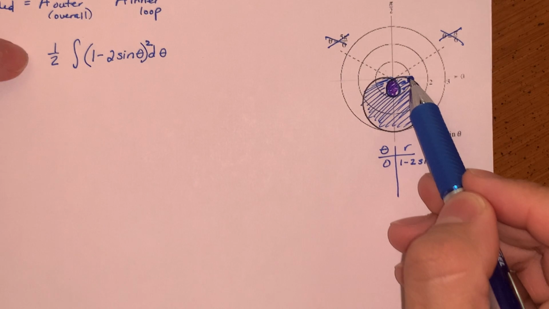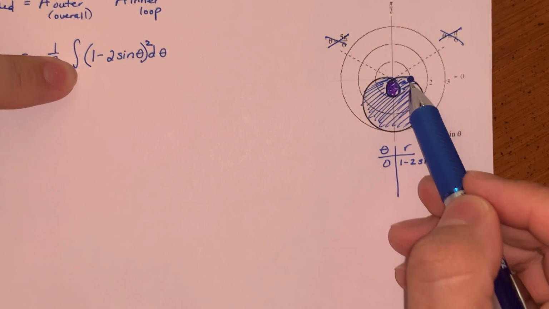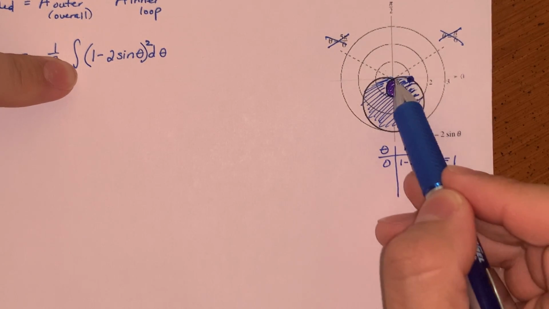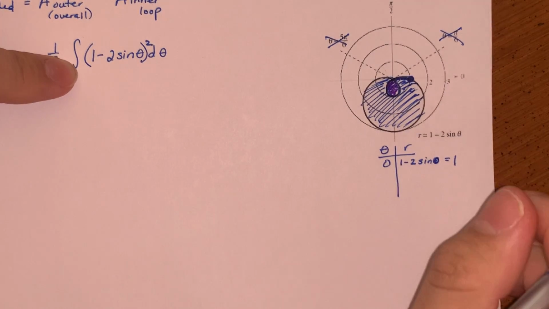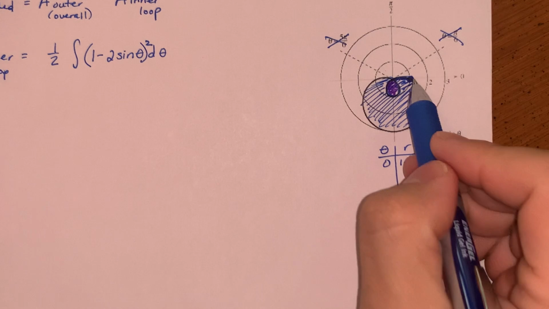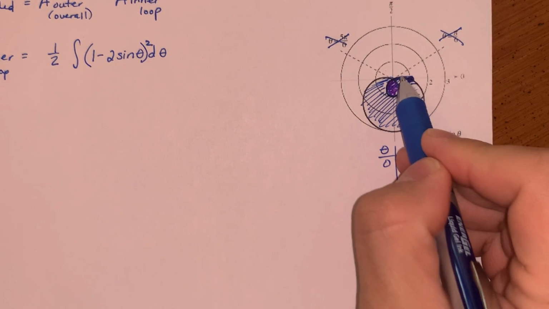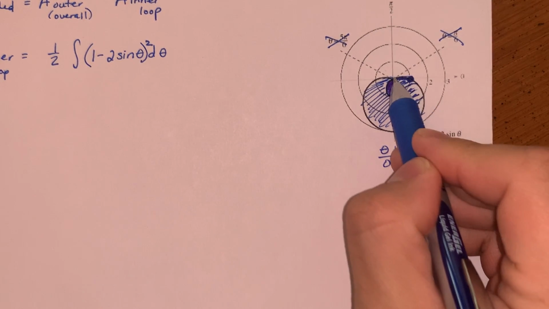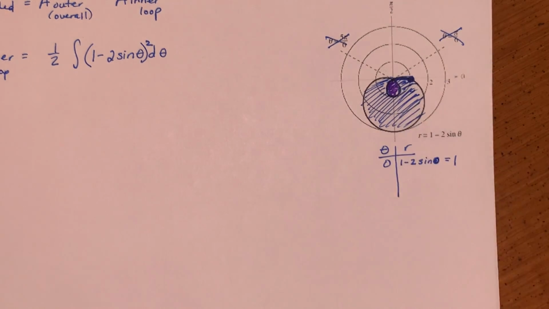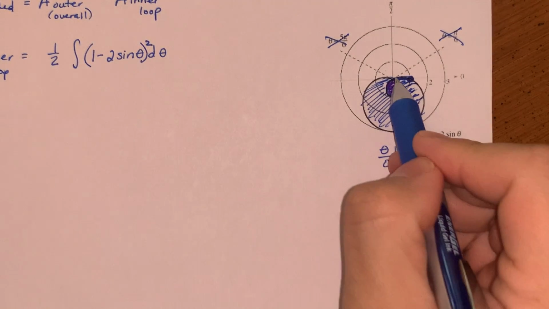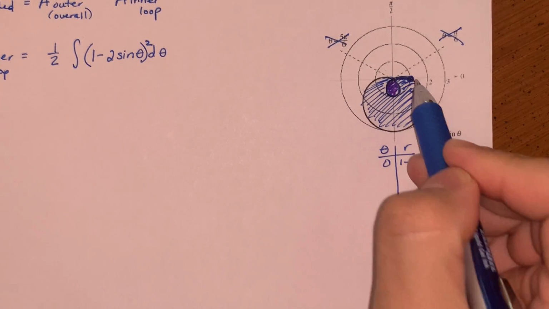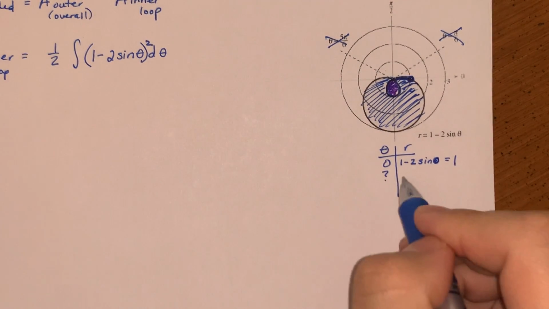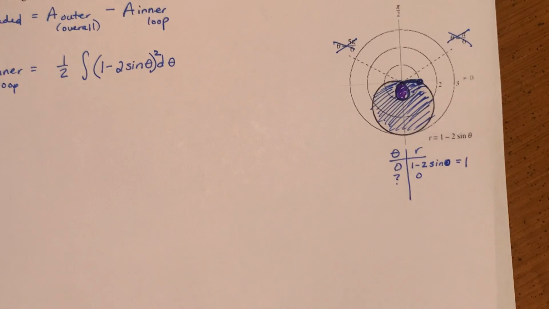If you put 0 as your lower bound, you're going to be including this extra little area that is not part of our inner loop. So we have to keep thinking about which theta will get us to the beginning of that inner loop. And the beginning of that inner loop does have a radius of 0. So what angle value will give us a radius of 0?